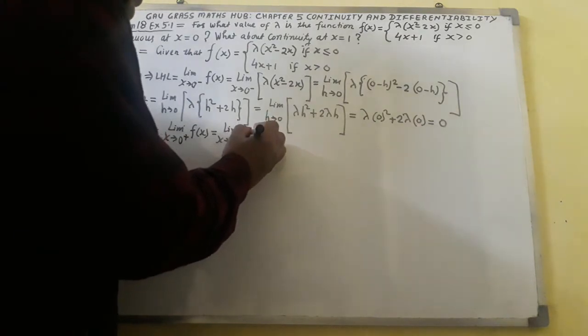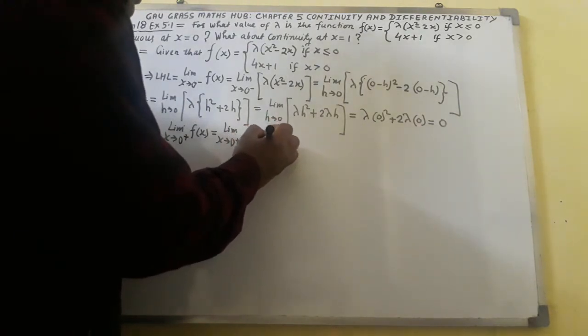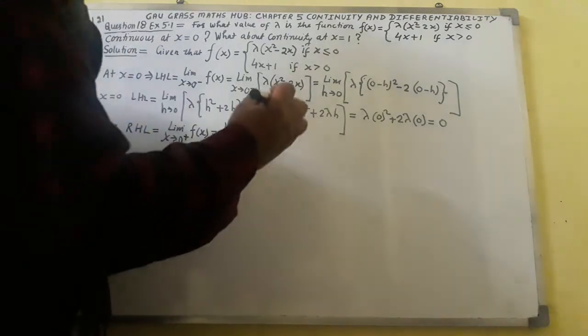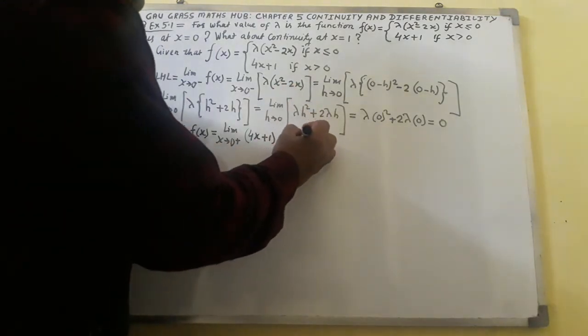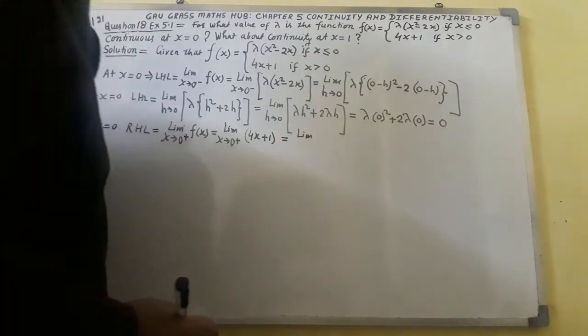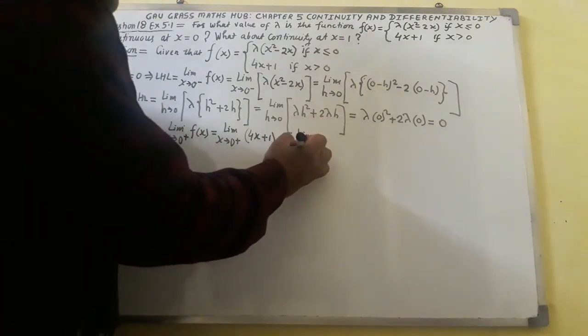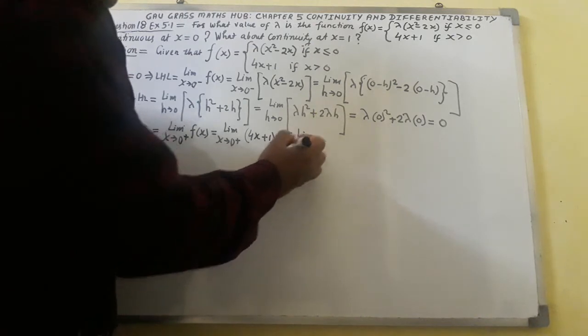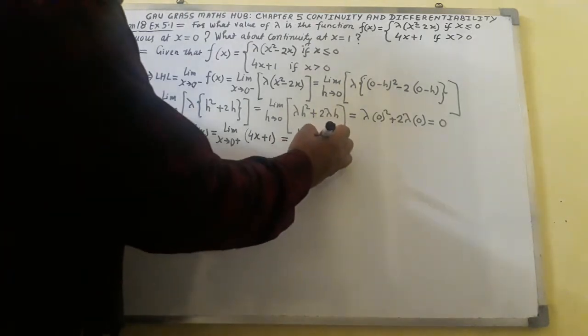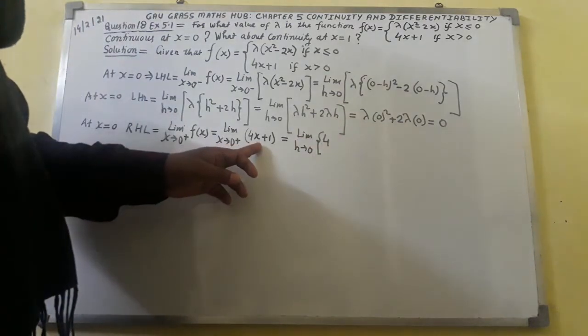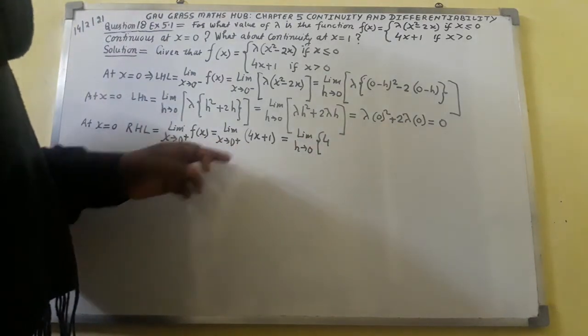So write limit x tends to 0 positive of 4x plus 1.